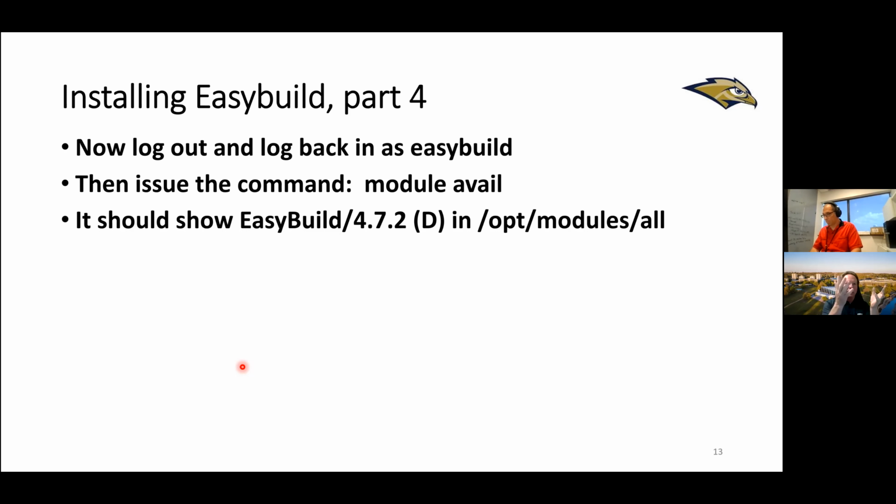We're going to issue the easy build module avail, and we're going to see that among other things that may be there, easy build 4.7.2, if you do it relatively soon, that's the current version, is the default, and you're going to find it in /opt/modules/all. And so that's all set.